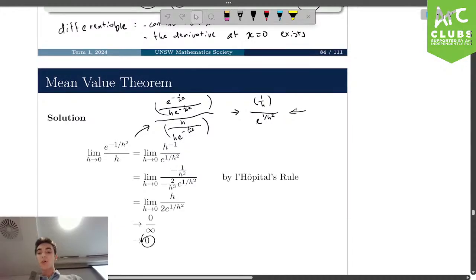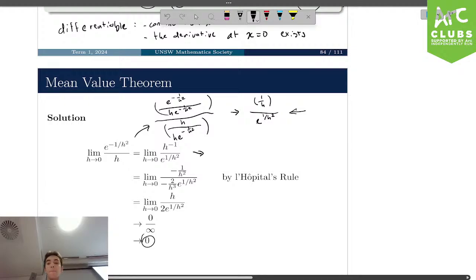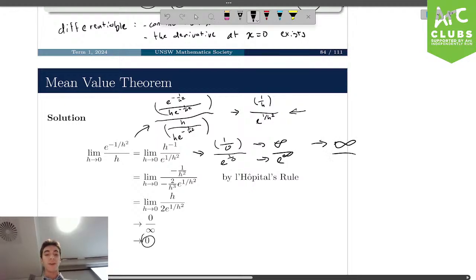Actually, no. So this equivalent fraction that we got here, if you take 1 over h and take the limit of that as h goes to 0, that obviously goes to 1 over 0, which goes to infinity. And if you take the bottom as h goes to 0, that would be e to the 1 over 0, which is e to the infinity, which is infinity over infinity.